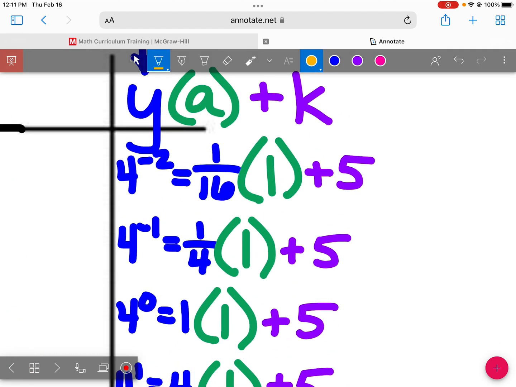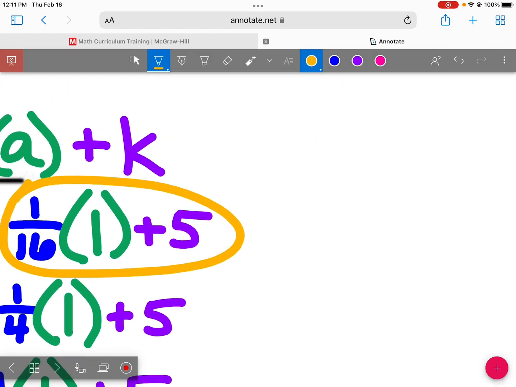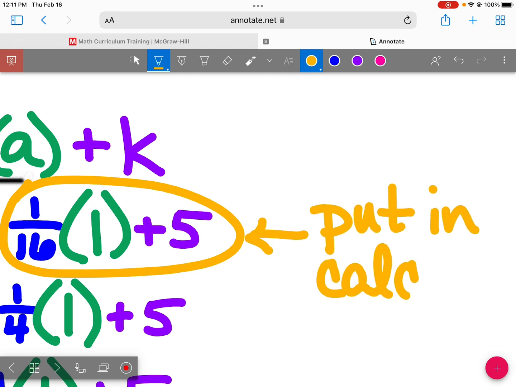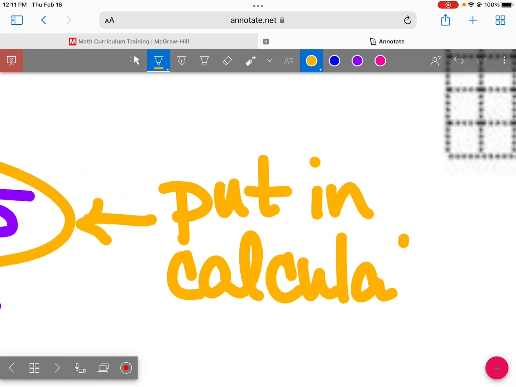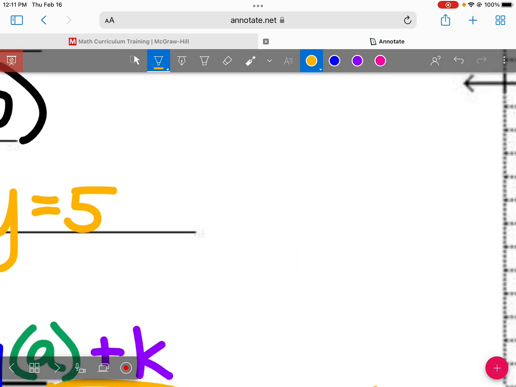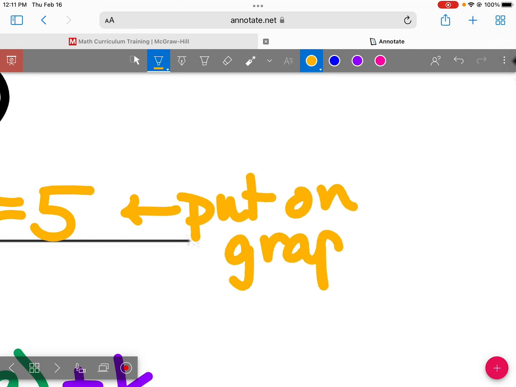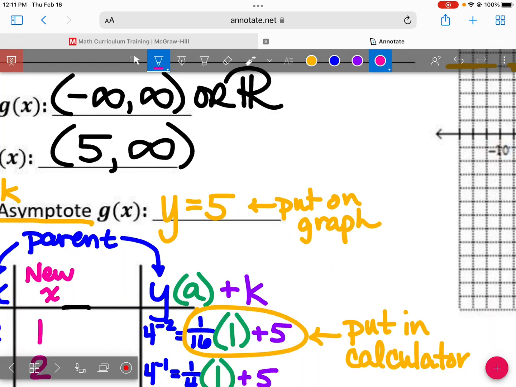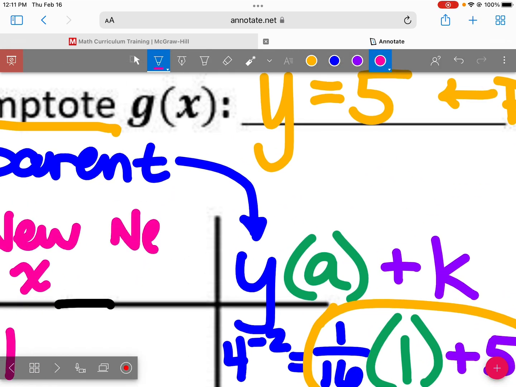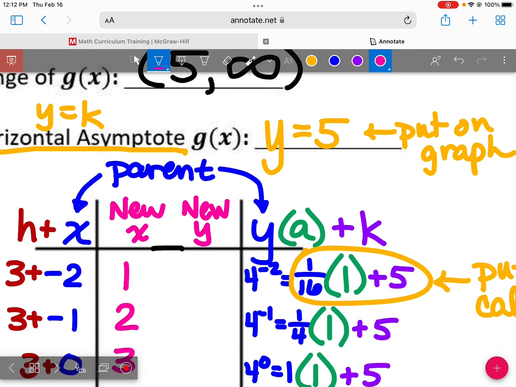And then I grab my calculator because I'm going to put this in my calculator. This is how I get my new y values.